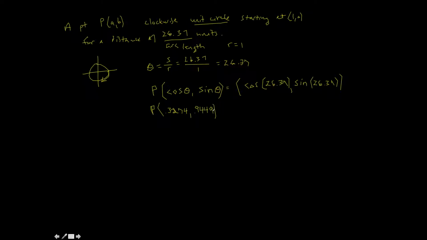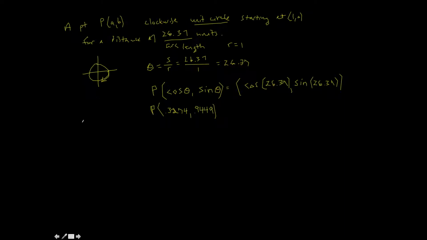This would be your point P that it's asking for in the problem. So keep that in mind. This is the point P. That's the first part of the problem, to find P. We did that, so check that off the list.